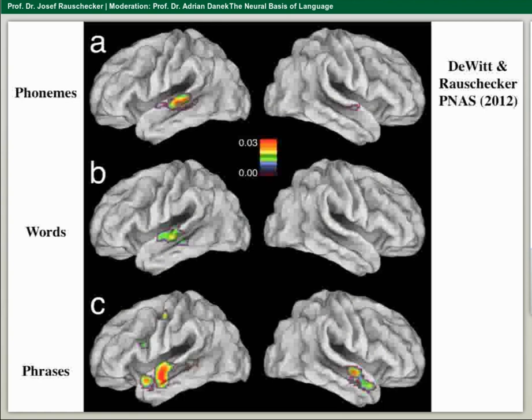One of the breakthrough studies was done by a graduate student of mine, Ian DeWitt, who is actually dyslexic himself, a light form of dyslexia. What he did was a so-called meta-analysis. You take all the published data in the field that were done with imaging in humans over the last 25 years that used different levels of speech, starting with phonemes, to words, to simple phrases like hello, how are you, just a few words, not long sentences.